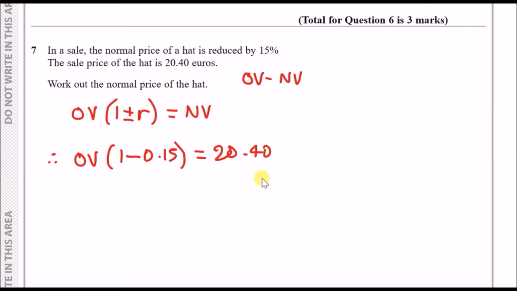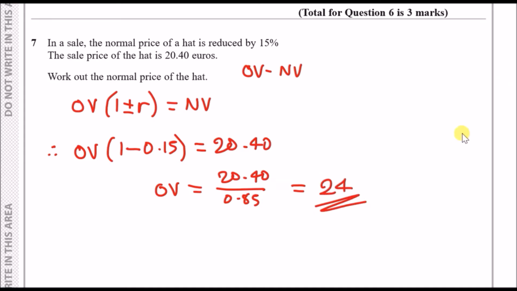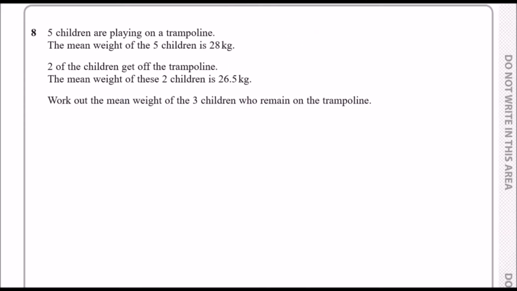And all you literally have to do, guys, is just make OV the subject. And to do that, we just divide this bracket across. So you're going to have OV equals 20.40 over, well, 1 minus 0.15 is actually 0.85. And then put this in your calculator, guys, and you're going to get an actual normal price of 24 euros. And that's it.